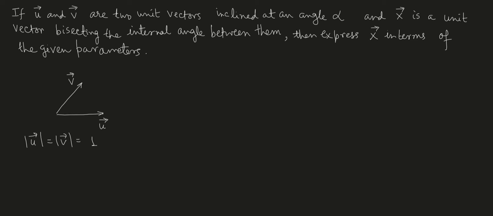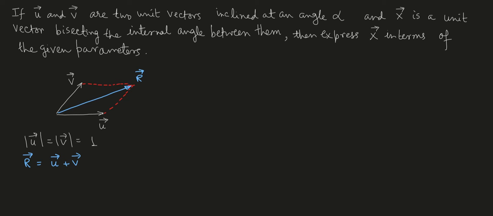So what will be the resultant? The resultant will be, if you complete the parallelogram, the diagonal passing like this. So let this be r. The resultant is nothing but vector u plus vector v.